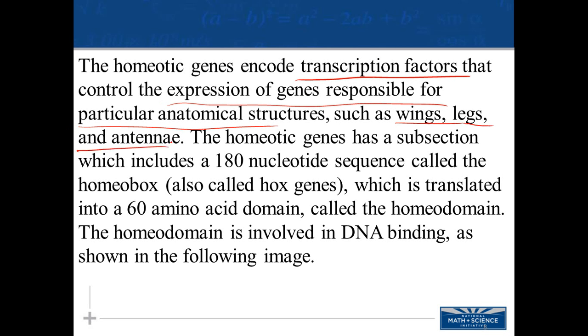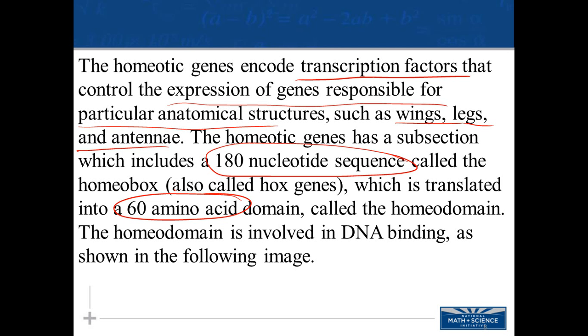Within each of those genes, there's a sequence that is 180 nucleotides long, and they code for 60 amino acids within that protein. That particular area of the gene is called the Hox gene. And that particular part of the protein is called the homeodomain.